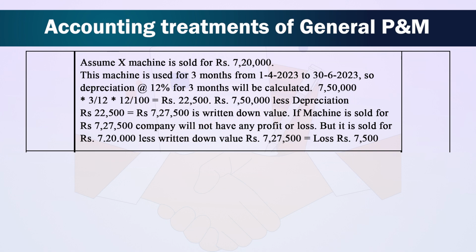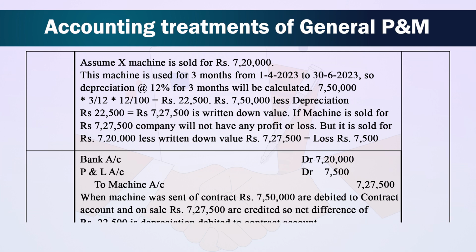If machinery is sold for rupees 7,27,500, the company will not have any profit or loss, but it is sold for rupees 7,20,000 less written down value rupees 7,27,500, which is giving us a loss of rupees 7,500.